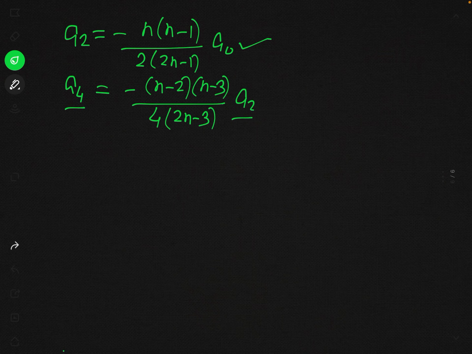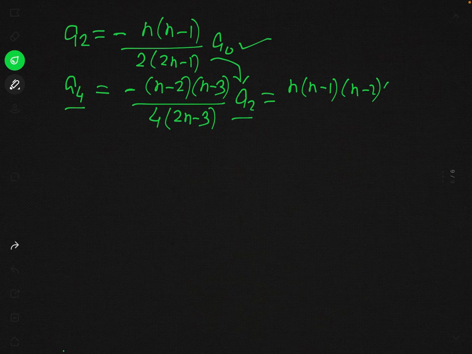But you have just obtained the value of a2 here. So now substitute this value of a2 in this equation, and then you will get the value of a4 in terms of the coefficient a0. Since both terms contain minus sign, after substituting this will become positive, and so what will be the result?